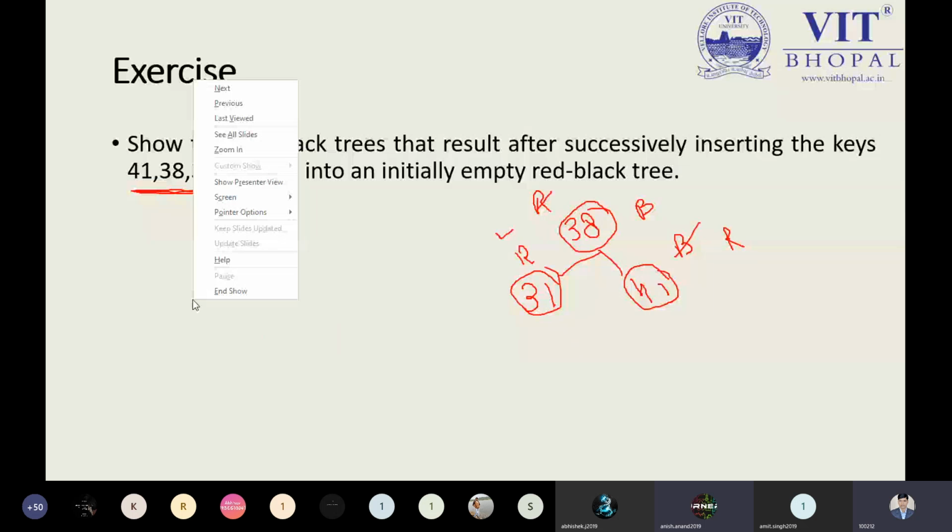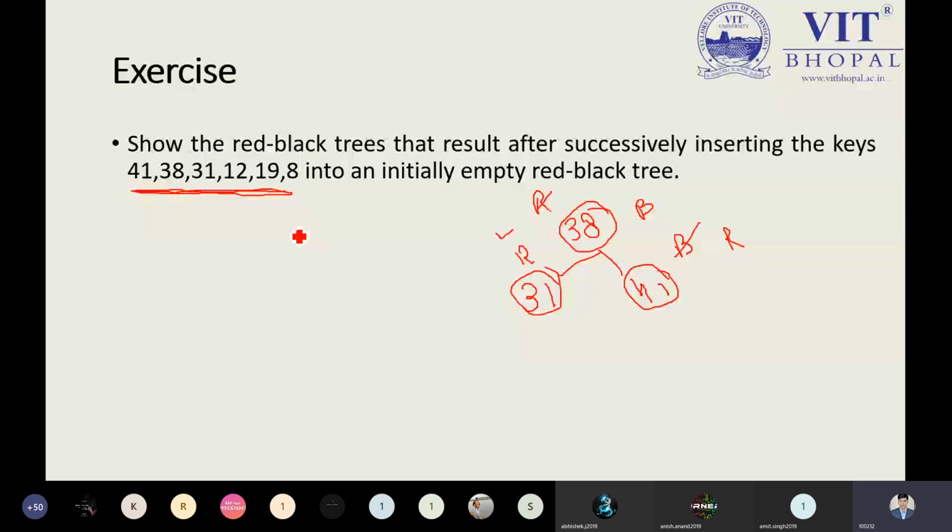Okay, so again I'm drawing the new updated tree, that is 38, that is black. Here we have 41, so I can say this is red, and this is 31, so we have red. Now I need to insert the new node, that is 12.